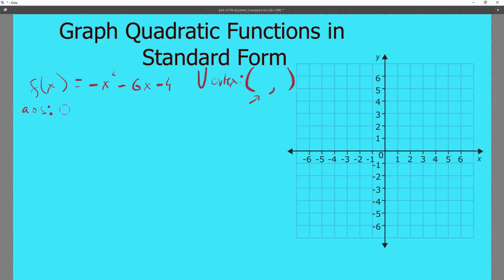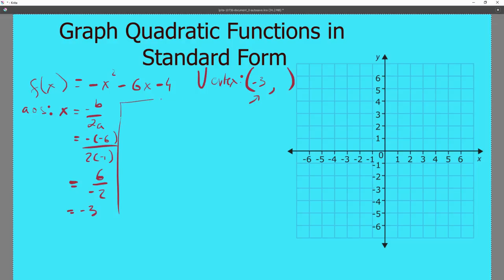I write that short as AOS. That's x is equal to negative b over 2a, which is negative of negative 6 over 2 times negative 1, because a is negative 1, b is negative 6, c is negative 4. So that gives you 6 over negative 2, which is negative 3.